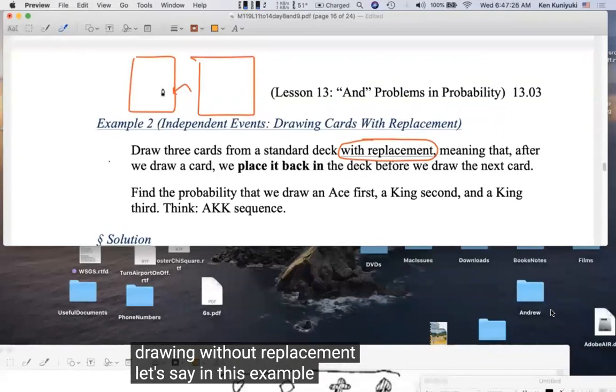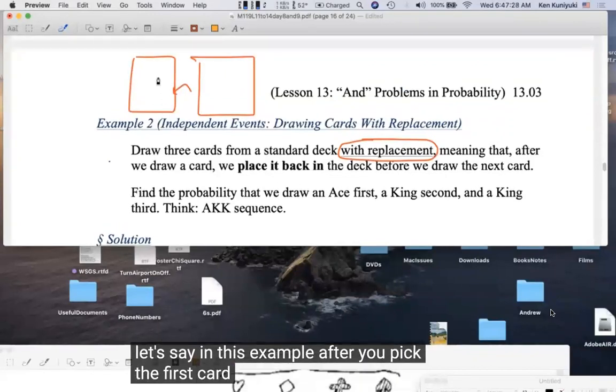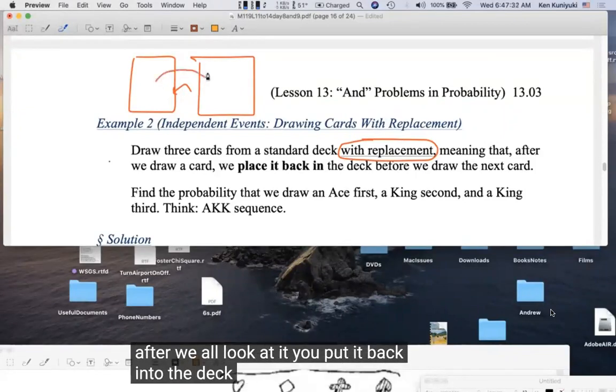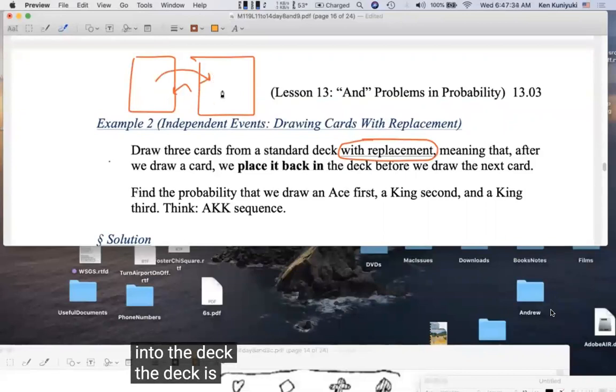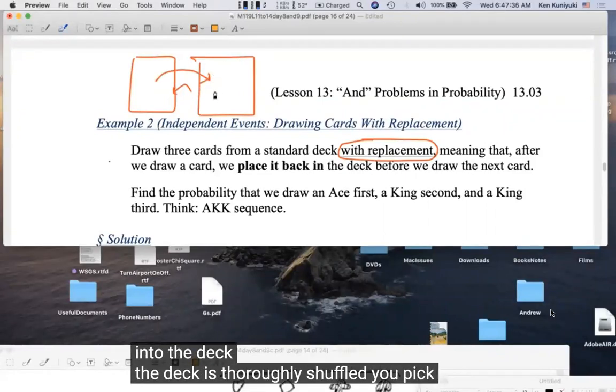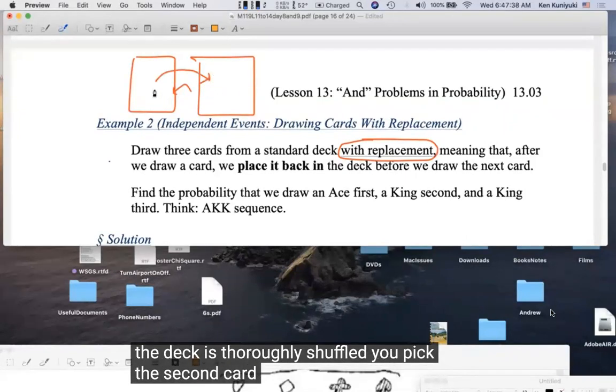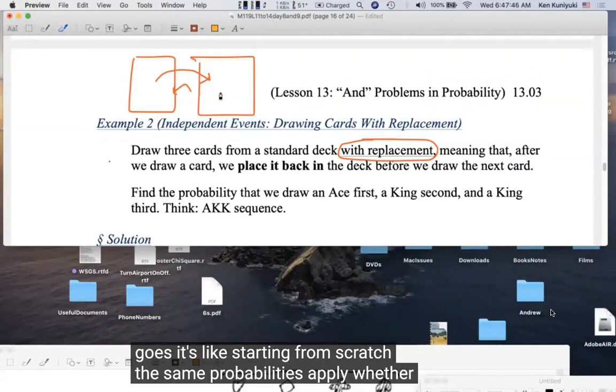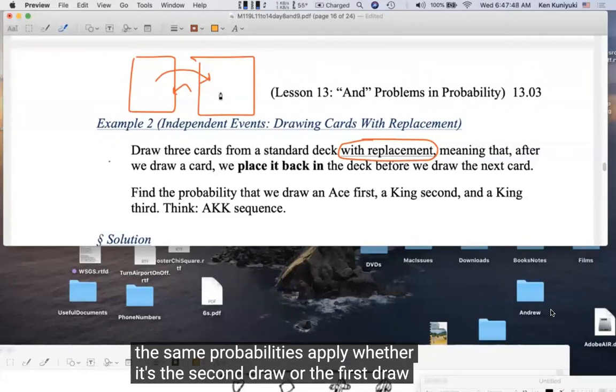Let's say in this example, after you pick the first card and look at it, after we all look at it, you put it back into the deck. The deck is thoroughly shuffled. You pick the second card. So basically, as far as probability goes, it's like starting from scratch. The same probabilities apply whether it's the second draw or the first draw.